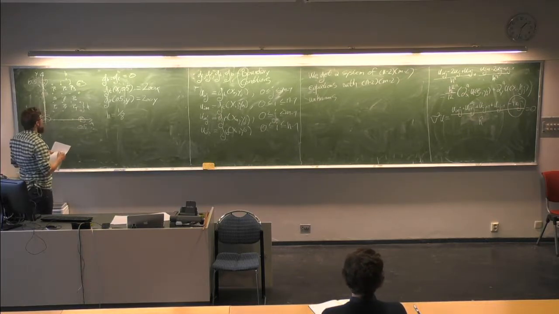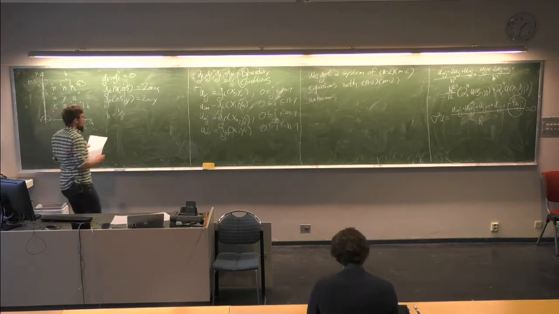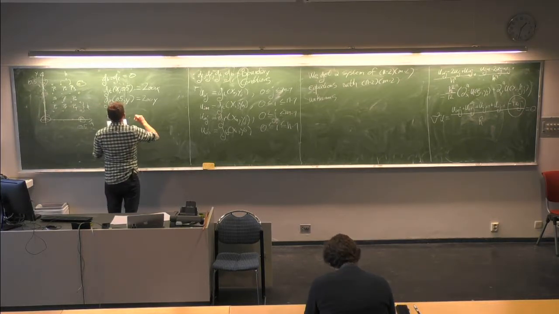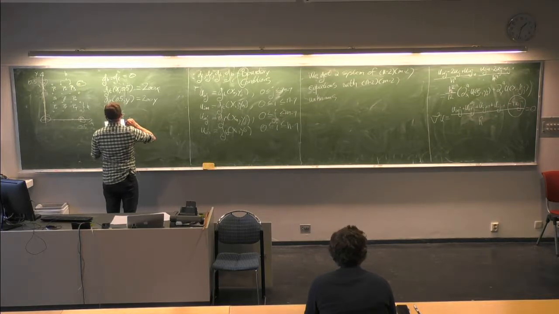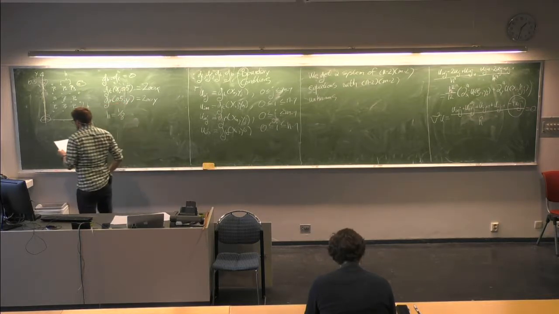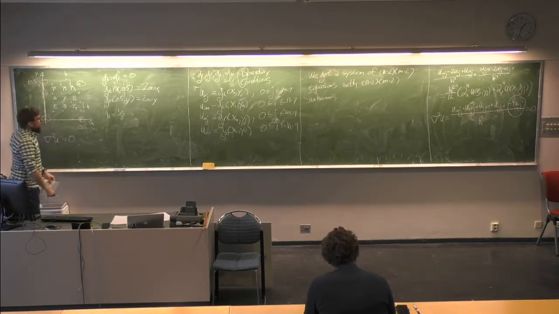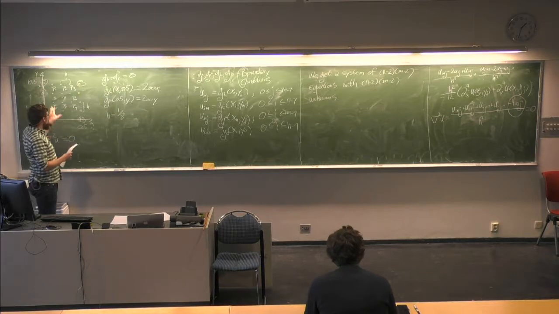Okay, so what do we have to do next? Again, I should point out explicitly that we are solving the Laplace equation, namely the Laplacian of u equals 0. That's the one we're solving in this case.